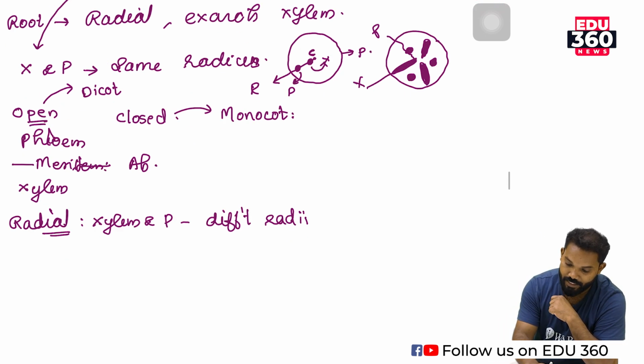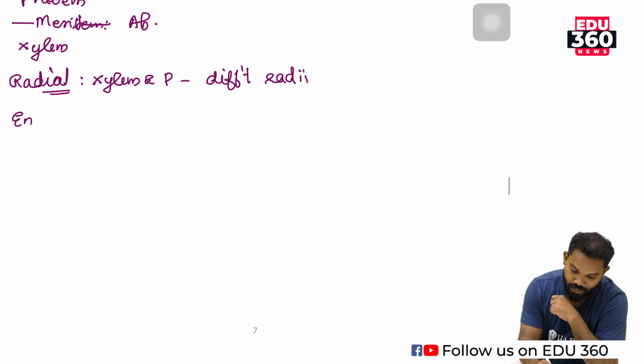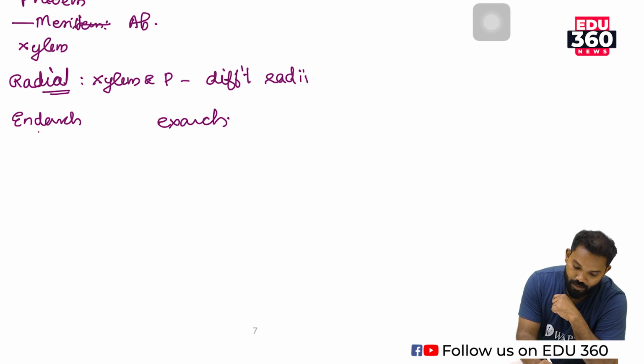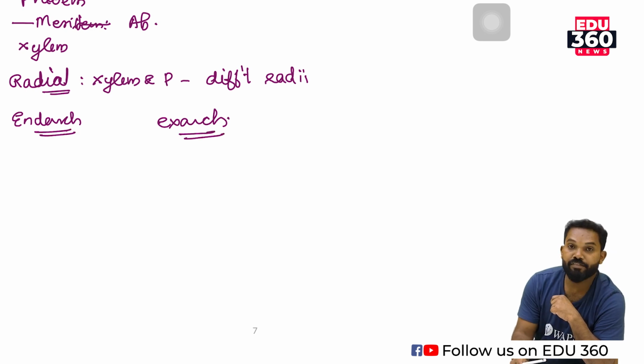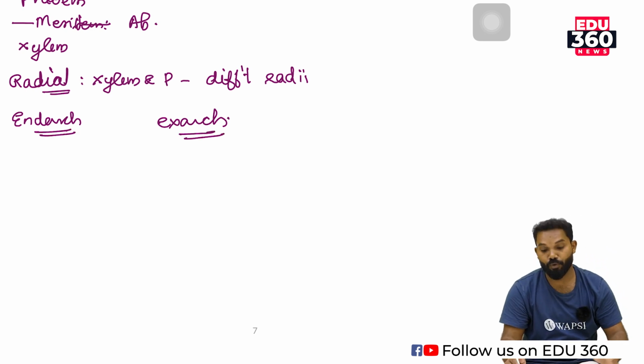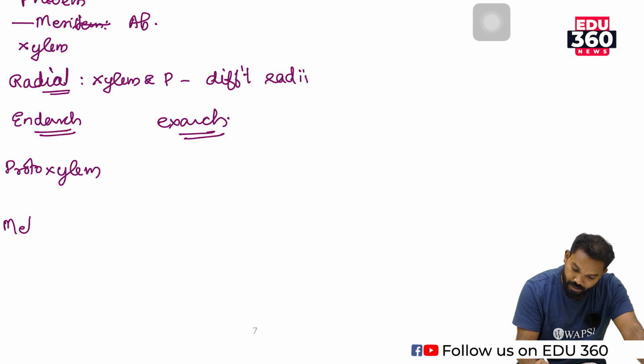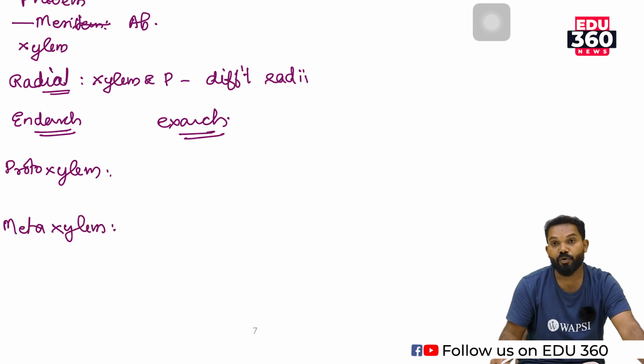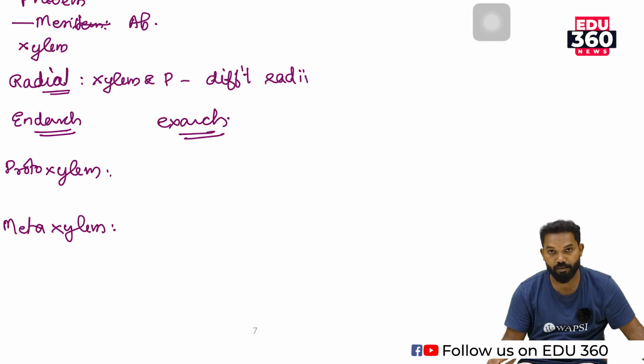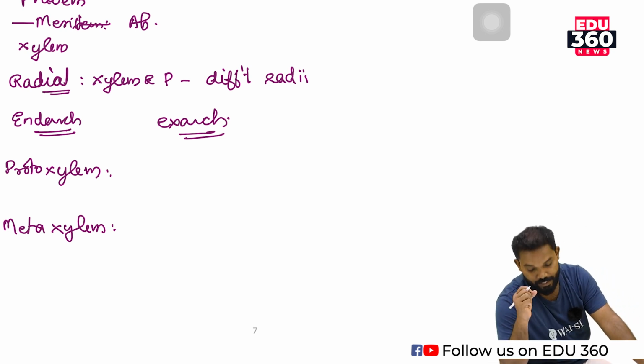The next one is endarch and exarch condition. Endarch and exarch are based on the position of protoxylem and metaxylem. What is the difference between protoxylem and metaxylem? Protoxylem is the first formed xylem having a small cavity.